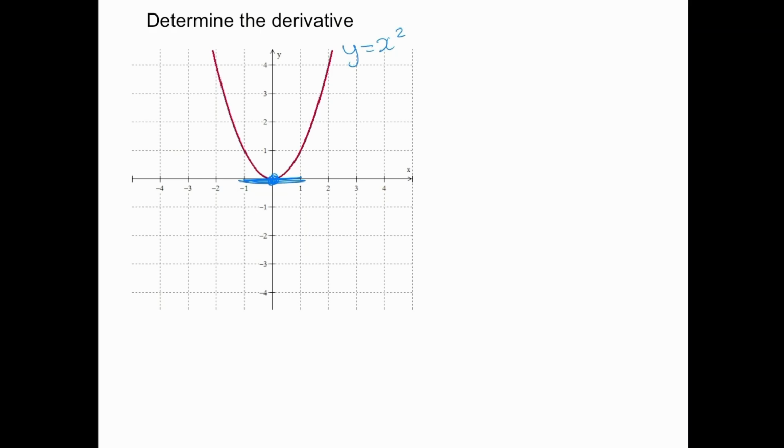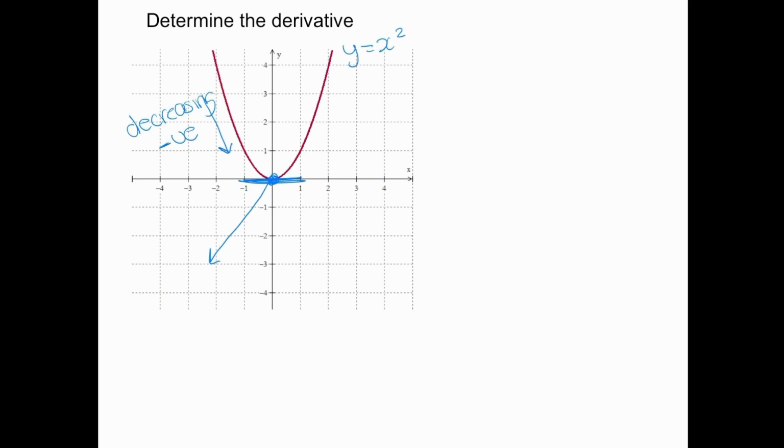If we take a look at what's happening from the left-hand side, we can see that the slope is decreasing and it is negative. So if we were to draw that slope of that tangent onto this graph, that is going to be down and to the left.